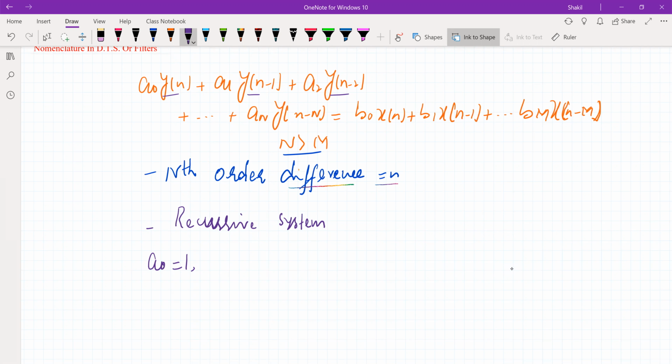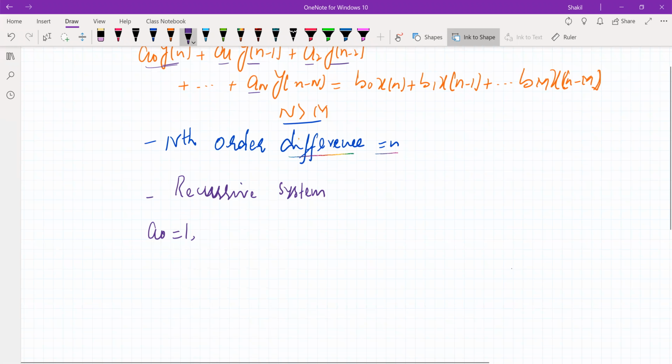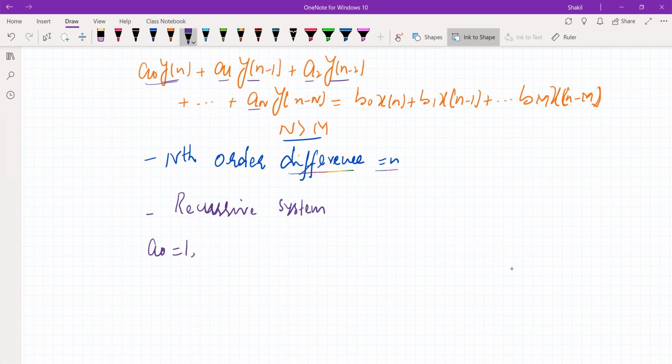If this is not the case, we'll divide every coefficient on both sides by a0, so that the coefficient of y of n becomes 1. If a0 is not equal to 1, then divide every coefficient by this a0. All right. So here we'll assume it's equal to 1. So we'll rewrite this difference equation like this.